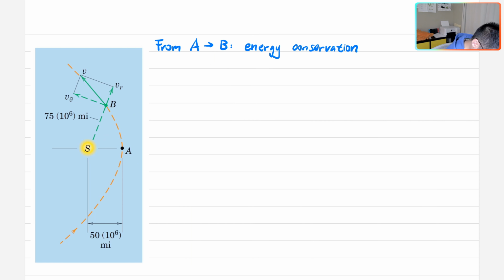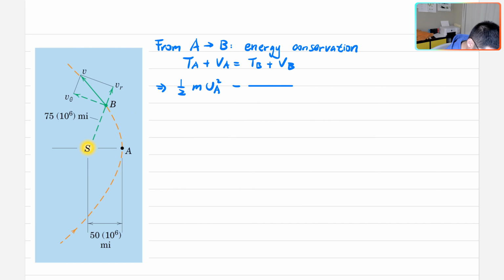Energy conservation will have kinetic energy at A plus potential energy at A equals kinetic energy at B plus potential energy at B. Subbing numbers, 1/2 mVA squared is my kinetic energy, minus the potential energy.